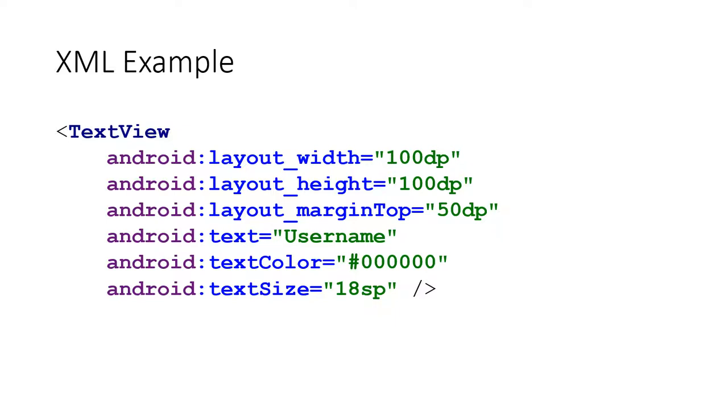Looking now at the format of each line, we have the attribute name on the left and the attribute value on the right. The attribute value should always be put in quotes, as you can see here.